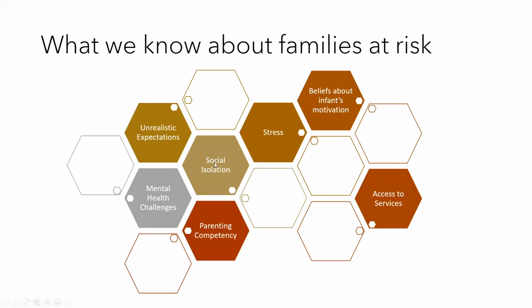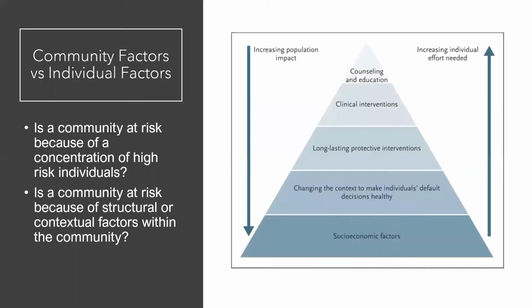People with families that are socially isolated, who have large amounts of stress on their lives, are also going to be families at individual risk. These models, and this importance to understand what's happening at the level of the individual, shouldn't be lost as we move our attention now to start talking about the risks that we see at the level of the community.